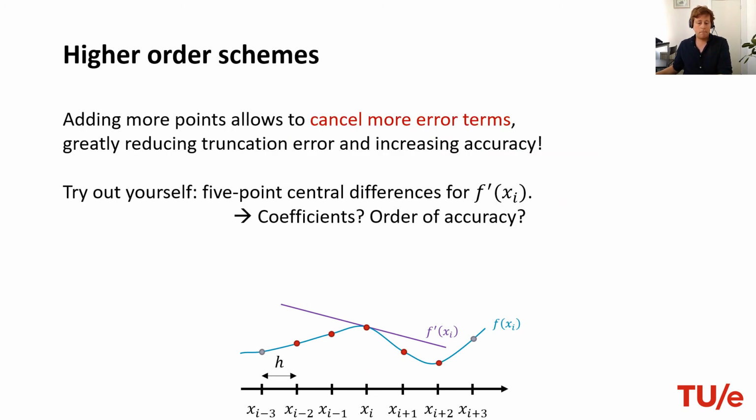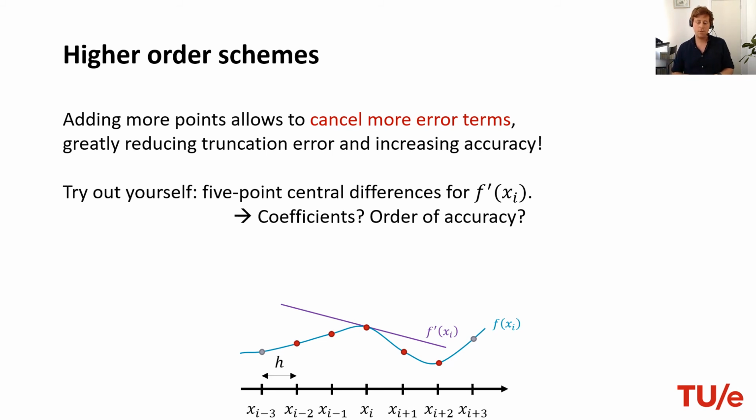Now you can keep on applying this strategy to go to much more accurate, higher order schemes. If you start adding more and more points in your approximation of the derivative, this will allow you to cancel out not only the low order error terms, but also the higher order error terms.